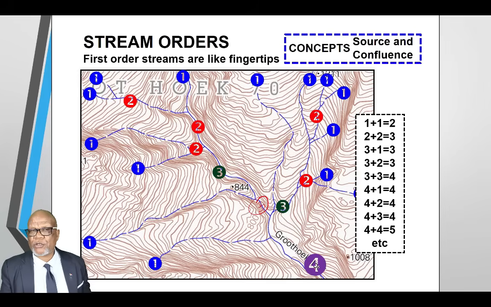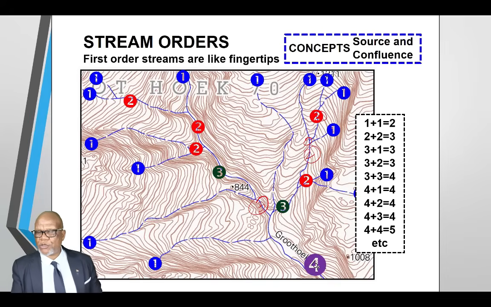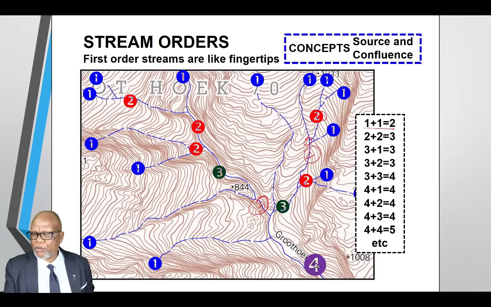If you have the highest order and the lowest order, the order remains at the highest. You can see here, we have 1 and 1, it makes 2, but we have 1 here and 2 here, they all join here, and it remains 2, because they are of a different order.